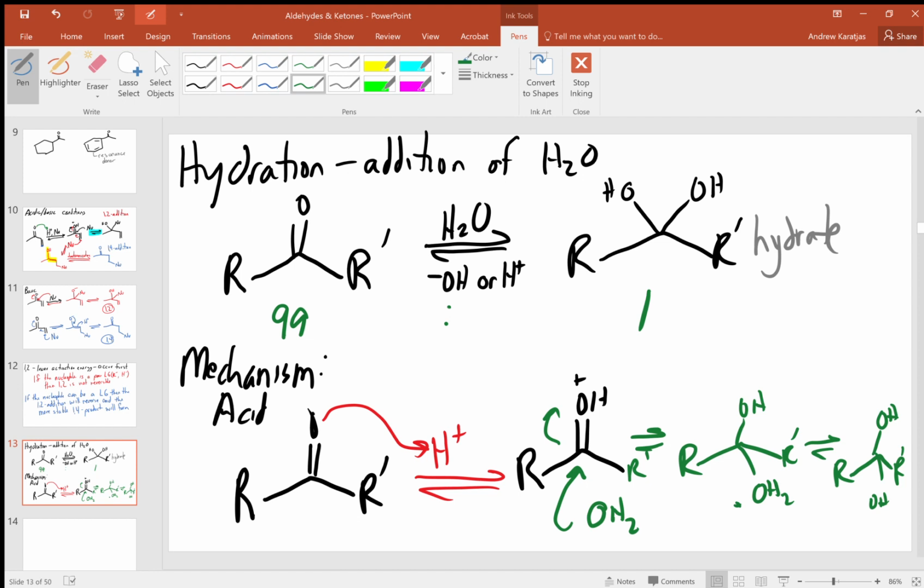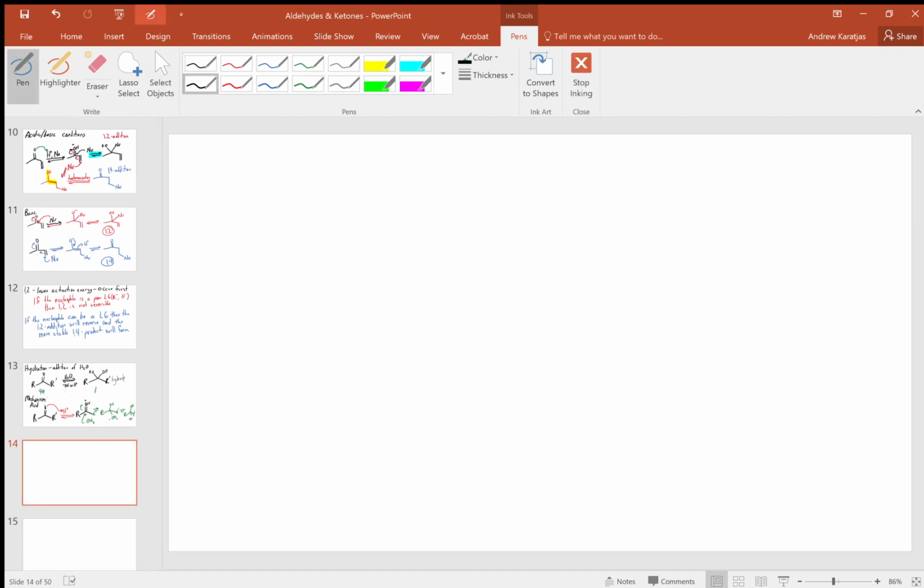How about under basic conditions? Well, it's going to be similar under basic conditions. But the main difference is the order of the steps. So under basic conditions, we don't have water as the nucleophile. We have the stronger hydroxide.